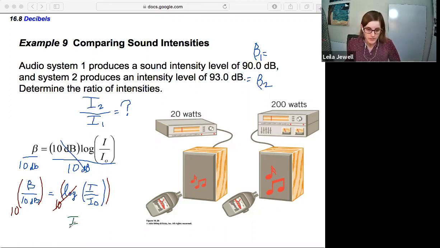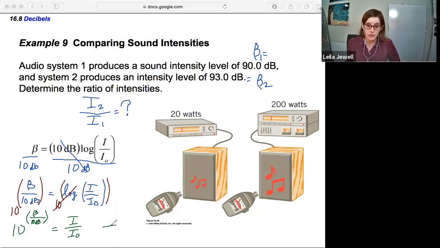So I divided by I0 is equal to 10 raised to the beta divided by 10 decibels. And if we then want to solve for intensity, all we have to do is multiply both sides by I0.